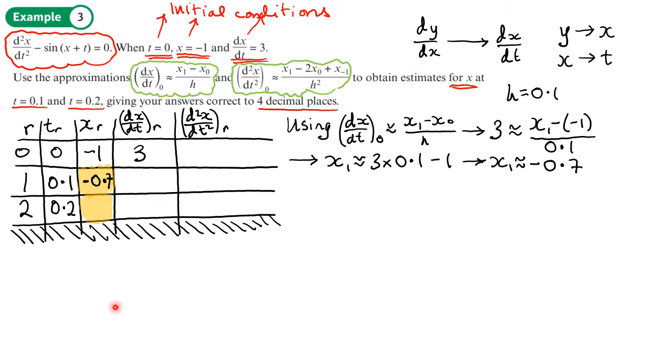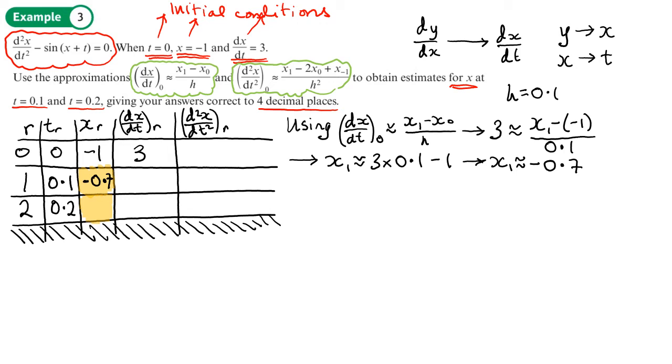Now I want to find x2. This is where I use the second formula. Now you notice there's no x2 in there, but remember we use this like an iterative formula. So if this is 1 here, this becomes x2, this becomes x1, this becomes x0, and h doesn't change.